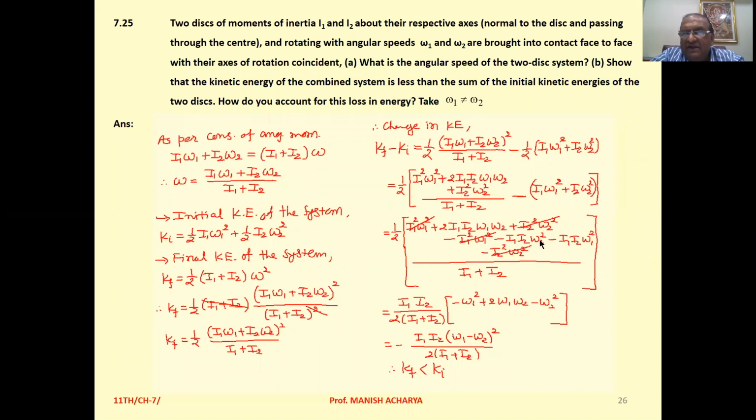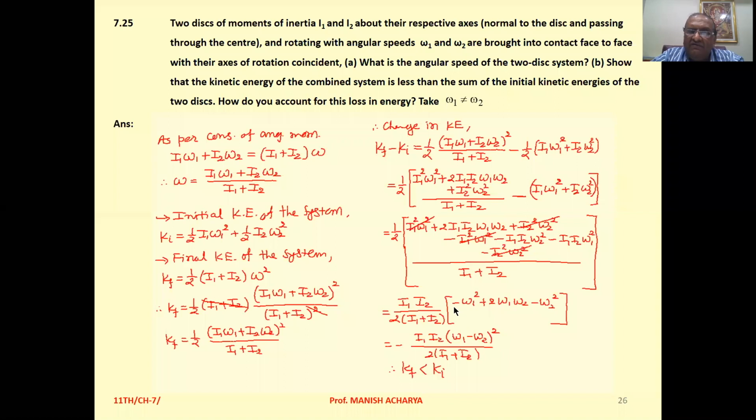Now from these remaining terms, we can take I1 I2 common. So I1 I2 upon 2 into I1 plus I2, into bracket we will have minus omega 1 square plus 2 omega 1 omega 2 minus omega 2 square.